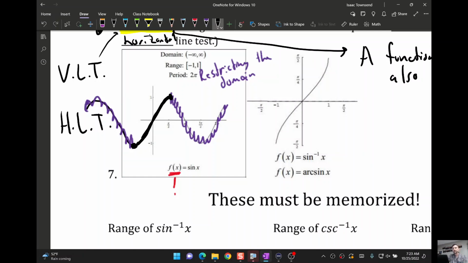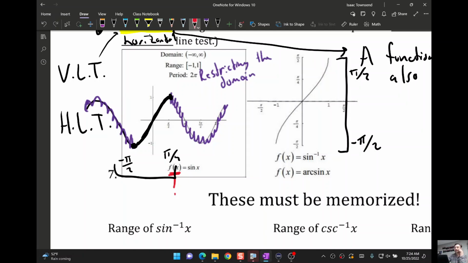If we take this piece, it goes from negative pi over 2 to positive pi over 2. This would be its domain, the possible x values. But on an inverse function, when you're switching x and y, you're swapping input and output, so this one's domain becomes that one's range.